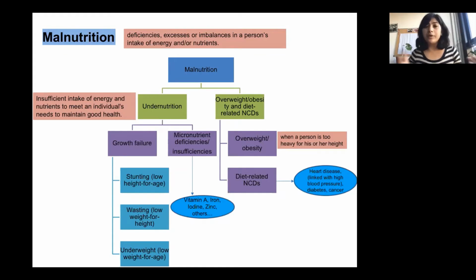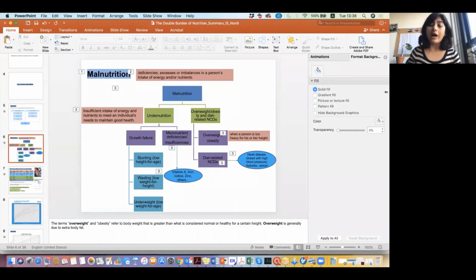So if a person is lower than that standard height for his or her age, then we call it stunting. And wasting is low weight for height. So if the person has a low weight for the standard height, then it's wasting, and underweight is measured in terms of low weight for age.